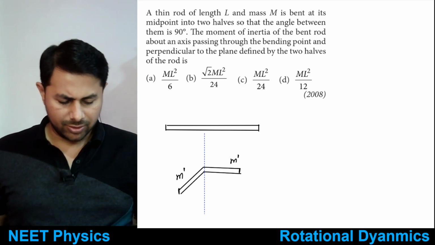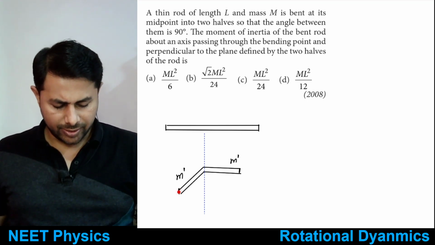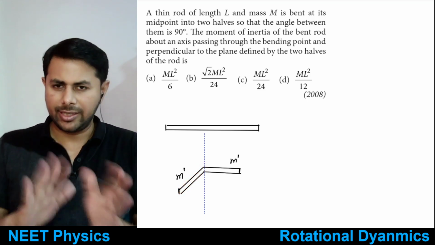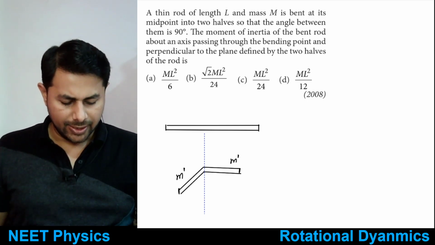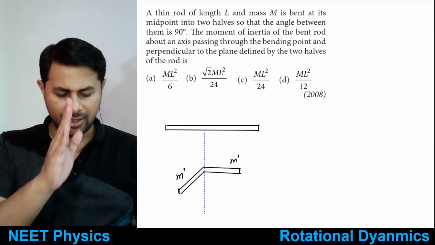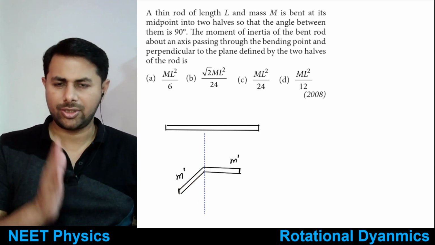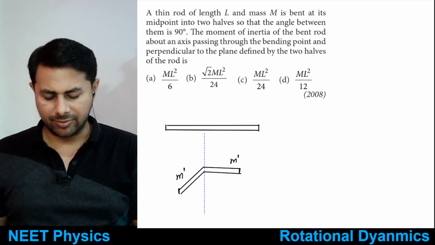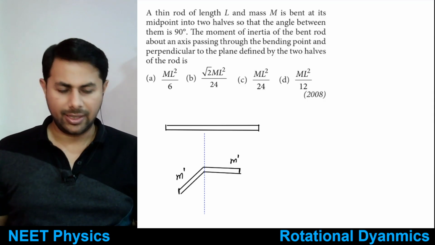Okay, so then for this much rod, let's say these are two separate rods. For this one it is an axis passing through the edge, and we have found the moment of inertia of a rod about an axis which passes through the edge of the rod. It is ML square divided by 3, right?